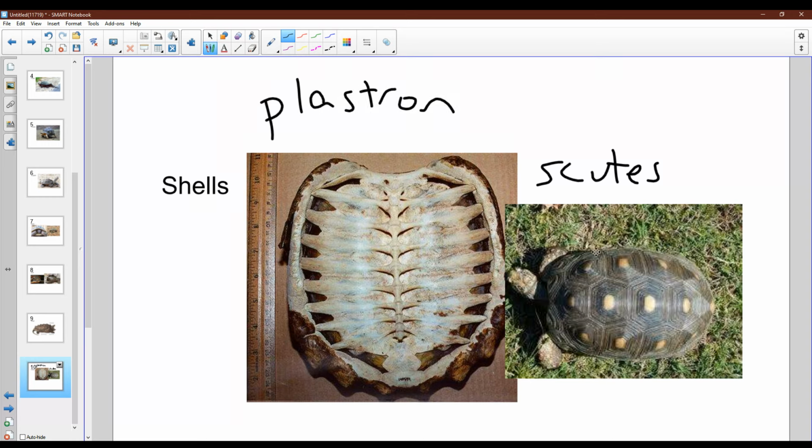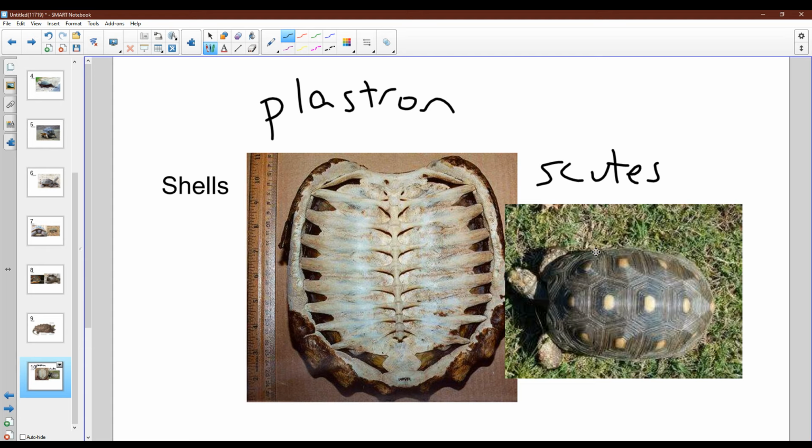And so those scales can also be shed, just like any other kind of scales. Turtles do actually molt, but they molt in pieces rather than the whole. So again, turtles aren't walking out of their shells. Their shell is their backbone. They would die.